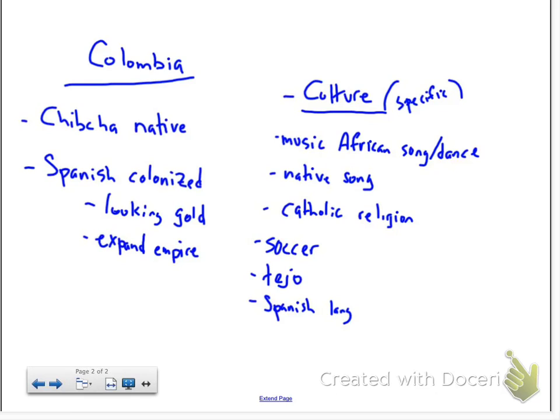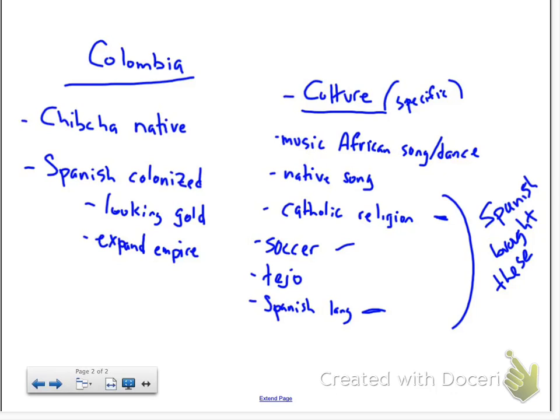Well, their culture has affected their life today by the fact that they practice the Catholic religion, the fact that they speak Spanish, the fact that they play soccer, because the Spanish brought all of these things. All right, so that tells you that their culture has affected life today because the Spanish brought all those things over during the history time, and that is how it affects their life today.